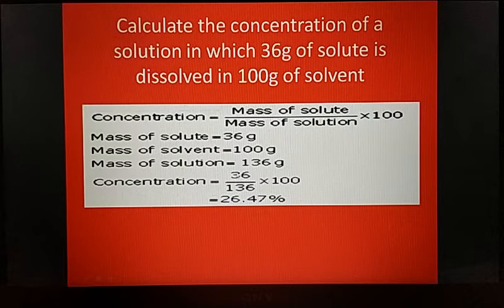So after putting 36 upon 136 into 100, you will get 26.47. So this is how we calculate the concentration of a solution where the mass of solute and the mass of solvent is given. And students, please learn it, because you get these types of questions in your exams also.